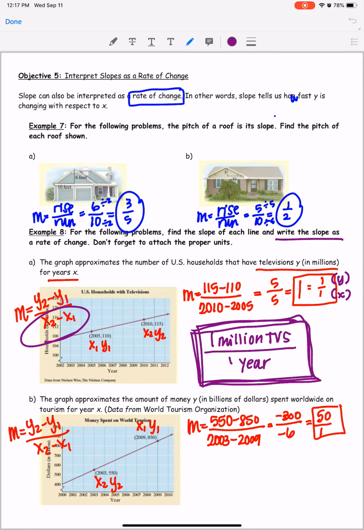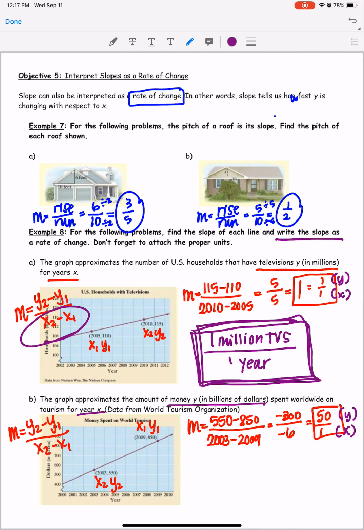I realize now that I haven't even read this problem. So B says the graph approximates the amount of money Y in billions of dollars spent worldwide on tourism for X years. So same as before, my Y is on top and my X is on bottom.